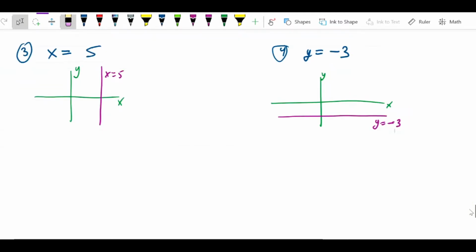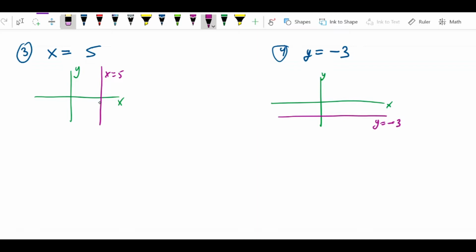So let's do two equations that you know in rectangular coordinates that actually tend to be fairly important in polar coordinates. This is something that you're going to have to be able to do more or less automatically if you take Calc 3, so might as well learn it now. So x equals 5, which is of course just the vertical line passing through the point (5, 0). Let's see what that looks like in polar coordinates.